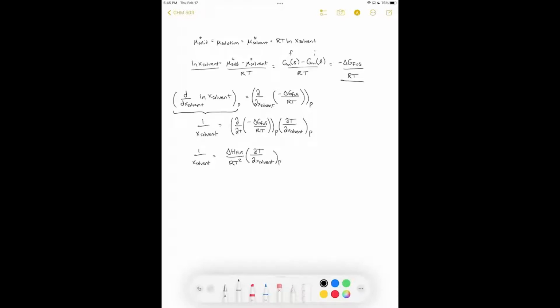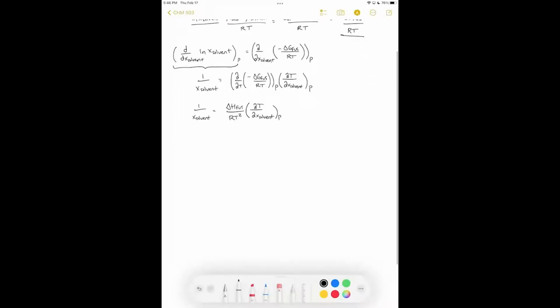And then now we're in a situation where we can figure out how the solvent is changing as a function of temperature. So we can multiply the partial derivative of solvent over. That will give us dX solvent over X solvent is equal to delta H fusion over R, and then I'll write here dT over T squared.